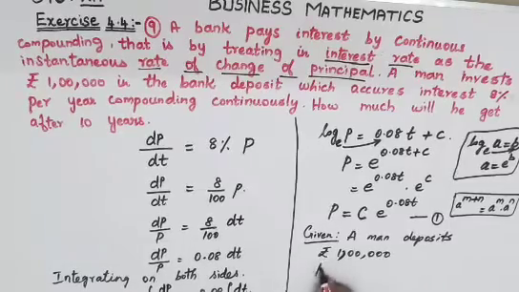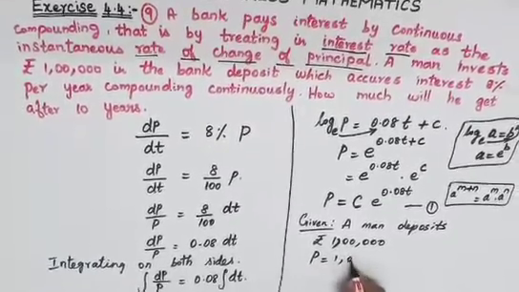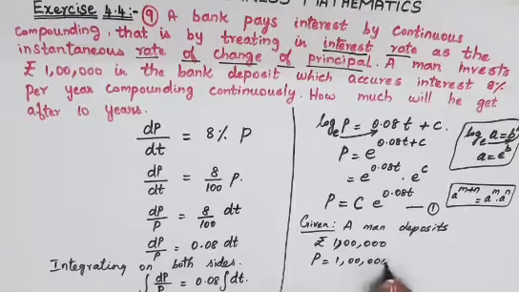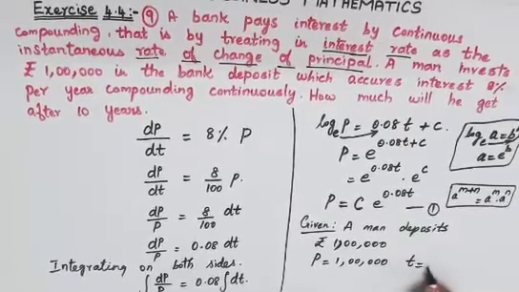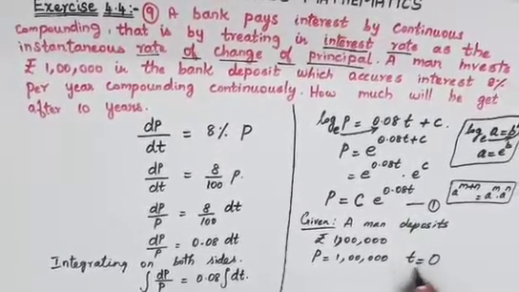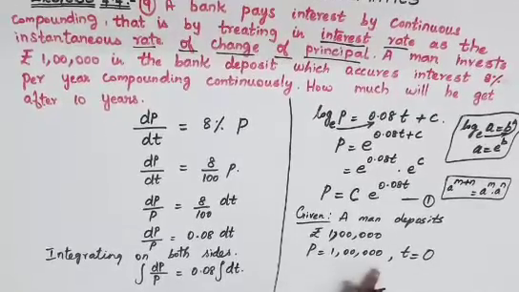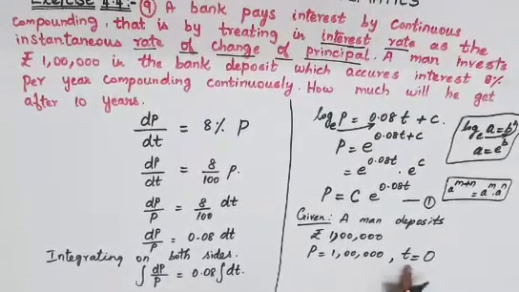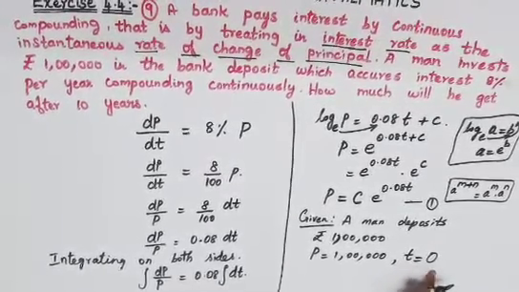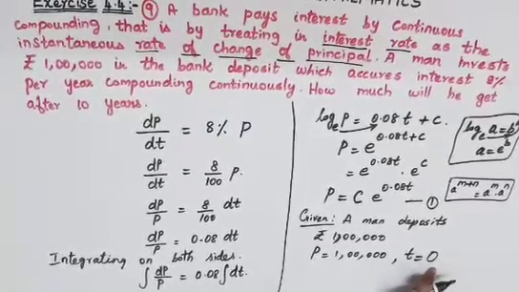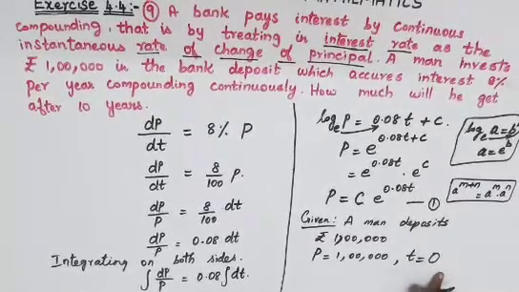So the principal will become 1 lakh. And at the beginning of the year, time will become 0. Clear? So principal is 1 lakh they have given, but at the beginning of the year the time will become 0, because starting from 0 only we are going to start it. So t is equal to 0.